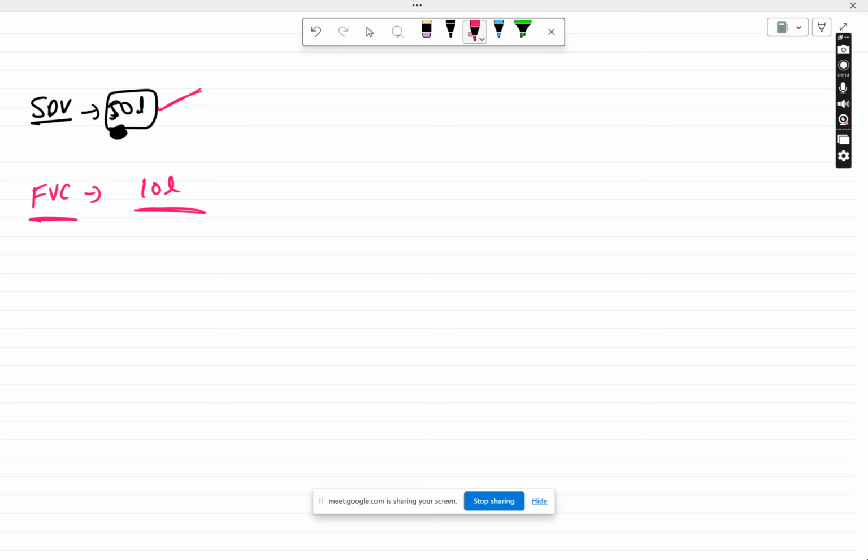Okay, so if the government feels that a transaction is happening like that, even though the FVC, that means full value consideration, is 10 lakh rupees only, we will take SDV as the FVC. This we call deemed FVC. Okay, deemed FVC. So this stamp duty value will be considered as a deemed full value consideration.